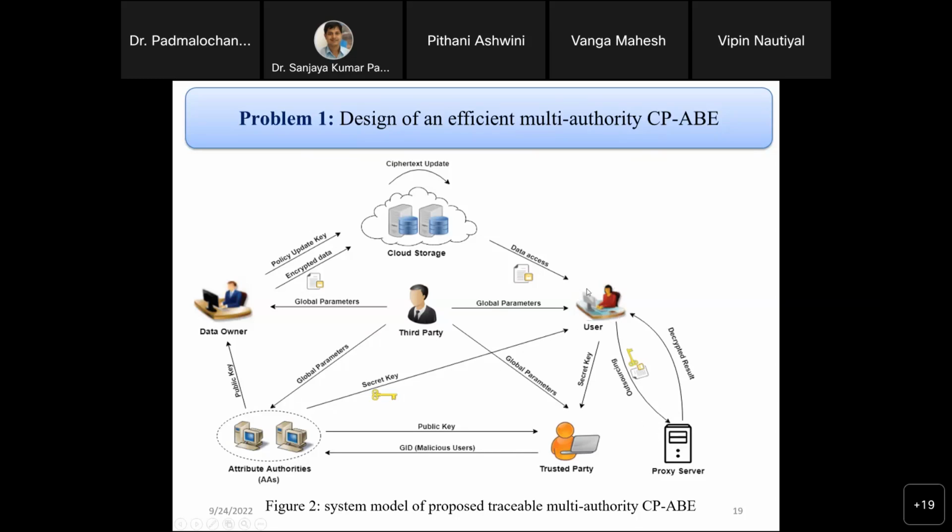If it has enough computational power for decryption, it uses the secret key and decrypts the data, provided the policy is satisfied. But if it doesn't have enough resources, then it outsources this decryption operation to the proxy server, and the proxy server generates the decryption result and shares it with the user.